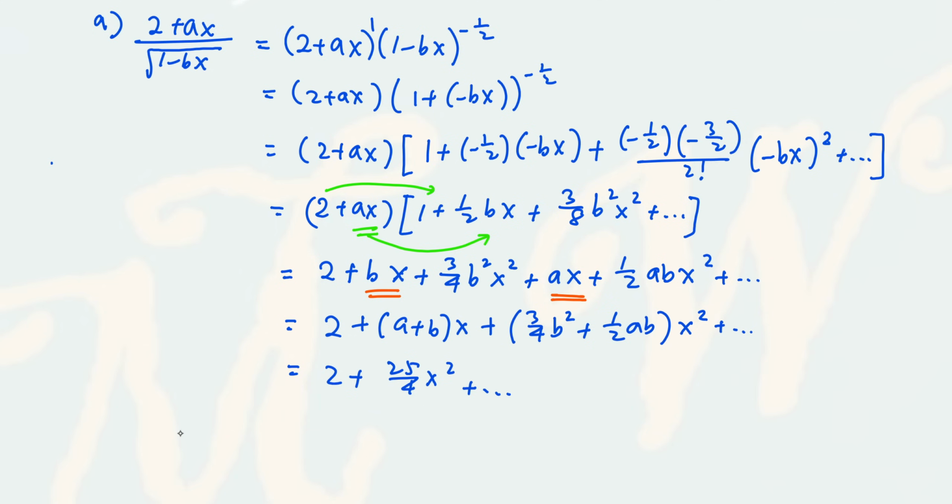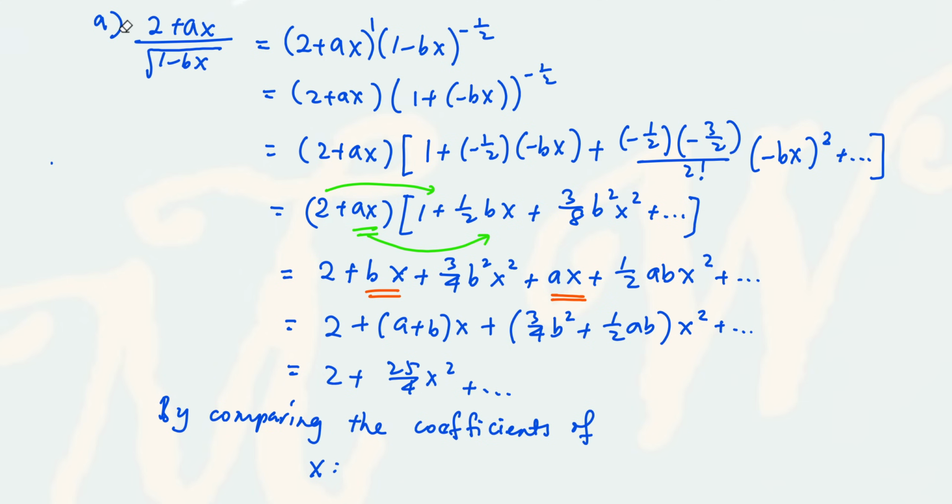Okay, you are given these two terms in the expansion. So when you do comparison, right, by comparing the coefficients, because the first term is the same, the coefficients of x, that means a plus b equals 0.